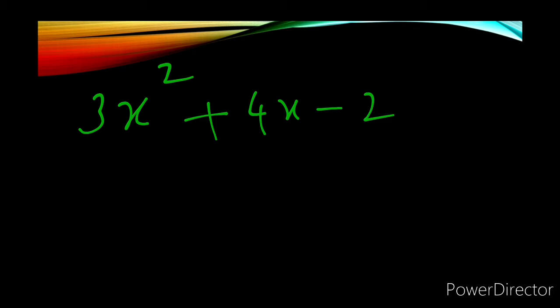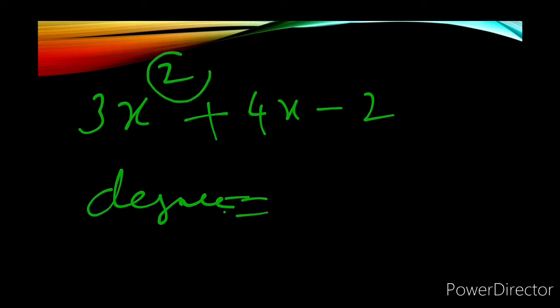If I take the polynomial 3x square plus 4x minus 2, what is the degree of this? The degree of the polynomial is equal to the highest power, which is 2. So this is the degree.